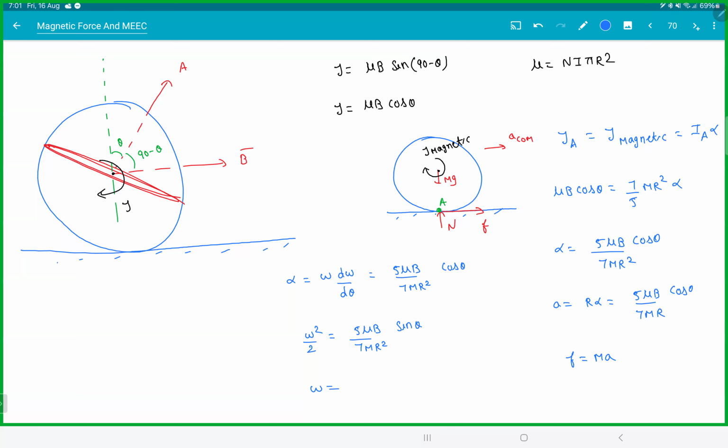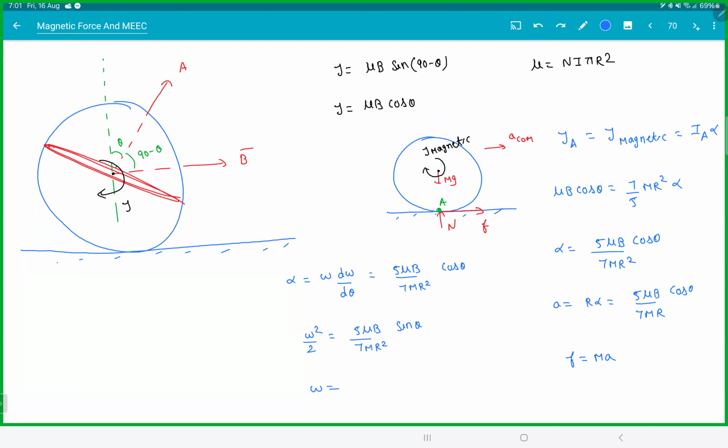Then you take the torque due to magnetic this way, friction this way, so they'll subtract. Then you again let F is equal to ma, and substitute there. The same answer will come. It's not wrong. You can take torque about either the center of mass or any bottommost point. The bottommost point is safe because you don't want to bring the friction in every time. If the question had been slipping, I couldn't have done this about the bottommost point. Then I would have quietly taken the center of mass.